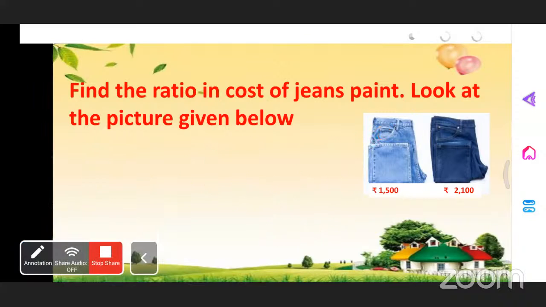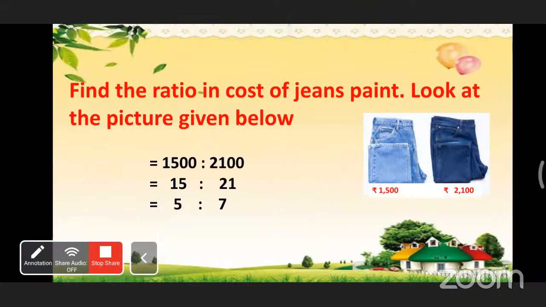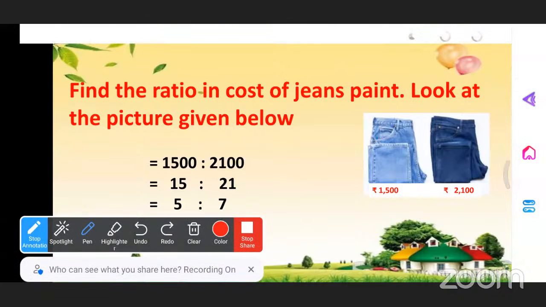Are you clear? New students, just look at the sum. Do you understand this problem? From this question, two quantities are given, so I take the two quantities and just compare them with the ratio symbol.